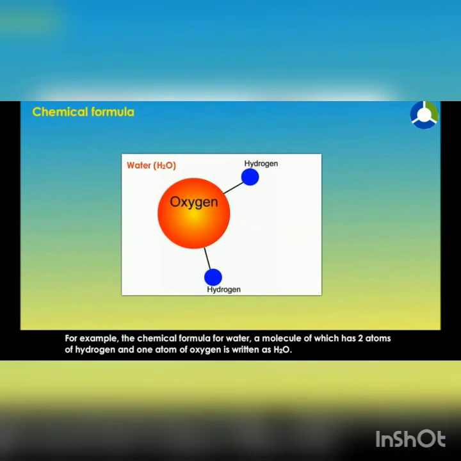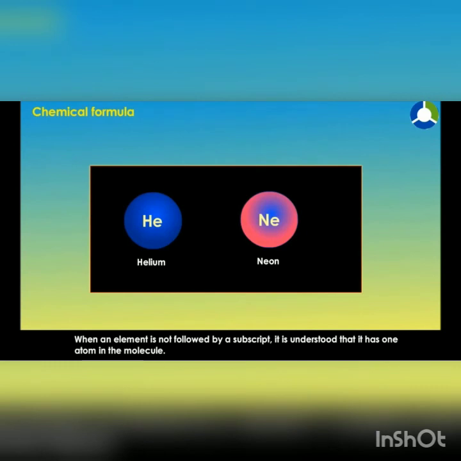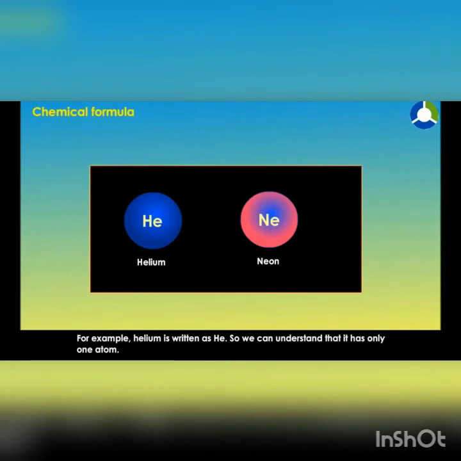For example, the chemical formula for water, a molecule of which has 2 atoms of hydrogen and 1 atom of oxygen, is written as H2O. When an element is not followed by a subscript, it is understood that it has 1 atom in the molecule. For example, helium is written as He. So we can understand that it has only 1 atom.